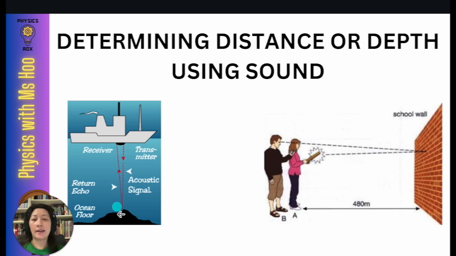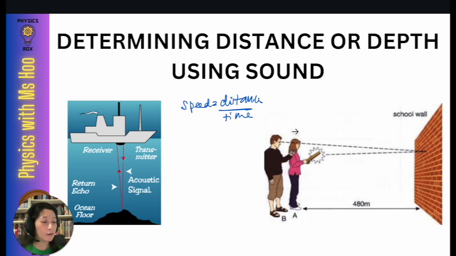So if you find that the sound has bounced back, then you need to make a modification of the speed formula. So if speed is basically distance over time, in this case, the distance in both of these situations have traveled back and forth.